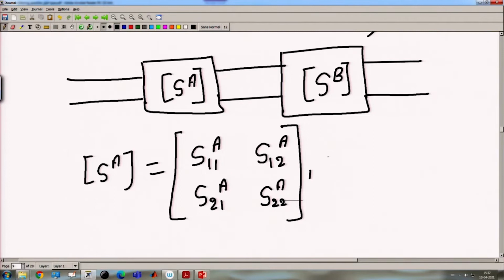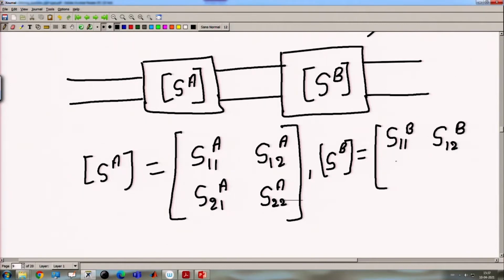Similarly, for SB equal to S11B, S12B, S21B, S22B. So this is SA and SB, and they are known to us.